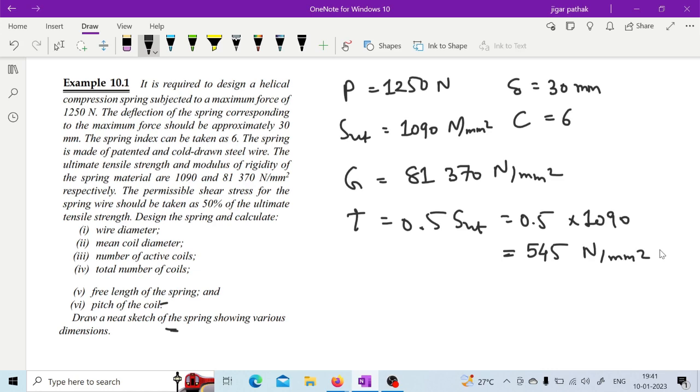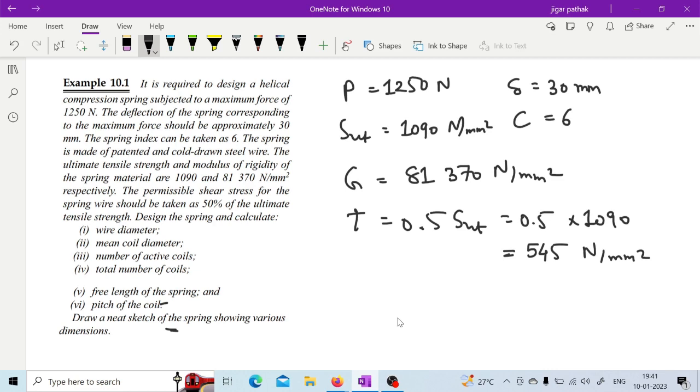Now first you can calculate the wire diameter, as it is asked here. How can you calculate the wire diameter? The shear stress formula will give you the wire diameter, correct?